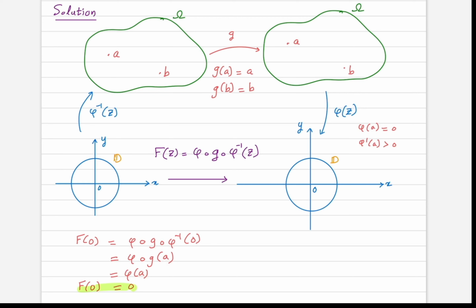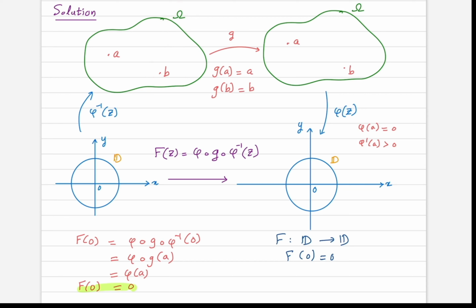So I can use the Schwarz lemma now, because I know that capital F is an analytic function from the unit disk to the unit disk, and F of 0 equals 0. But I can notice another property of this capital F. First I applied 0 to this function capital F. Now you can notice that the point B is in this domain omega.